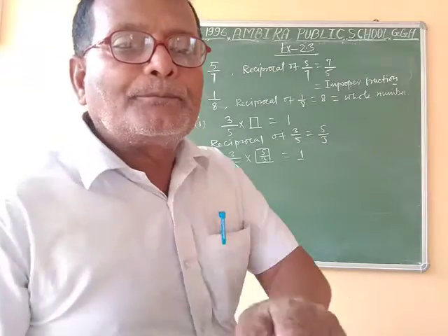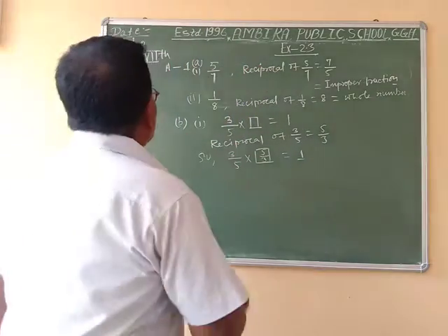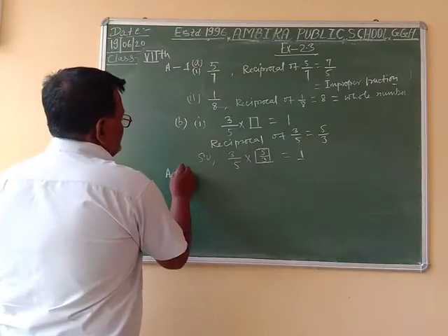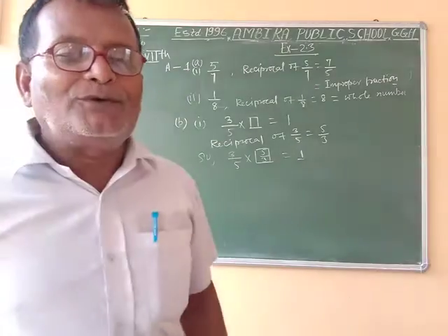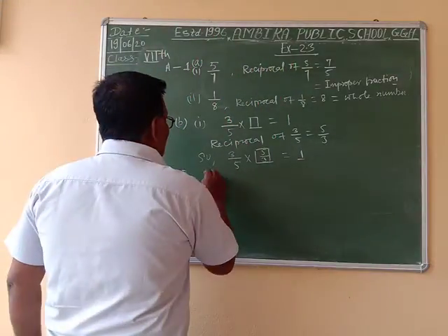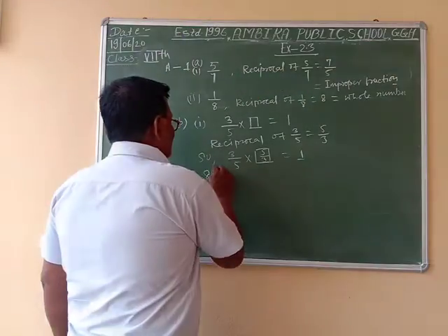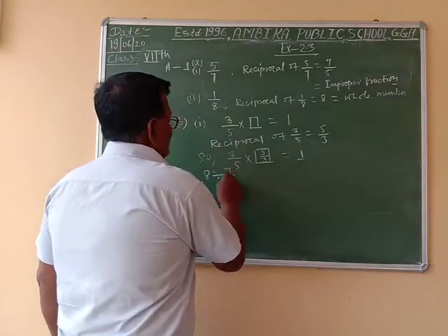Question number 2. Find 8 divided by 7 by 3.